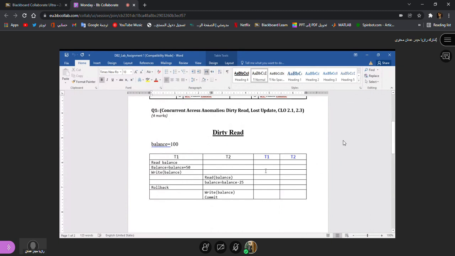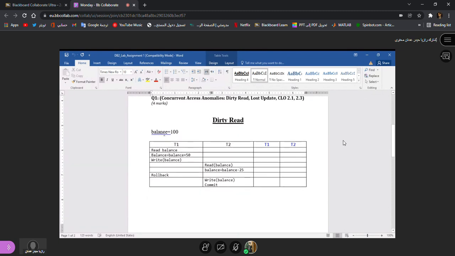So what you have to do is fill this table. It's a code or example for the dirty read. It is in chapter 2, and you have to fill the table for transaction 1 and transaction 2. Balance value is 100. Then follow the instructions and just fill the table. Clear? It is like your assignment 2.